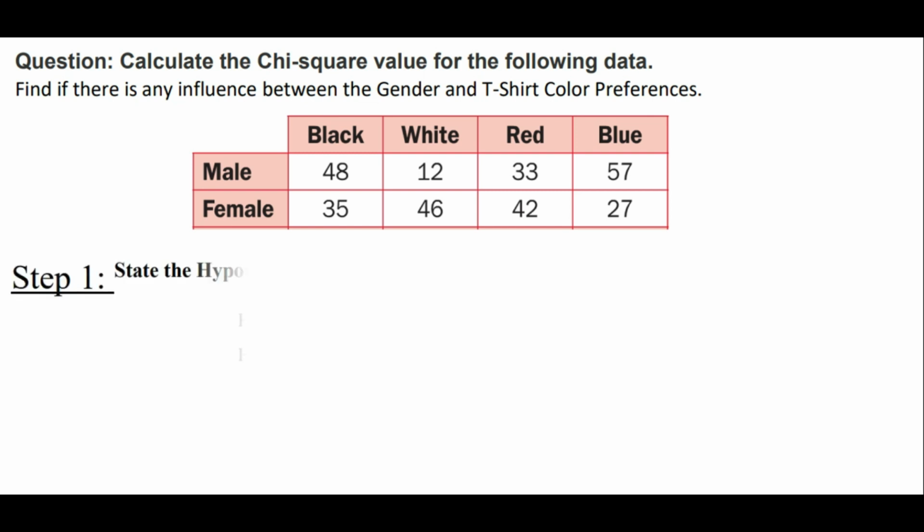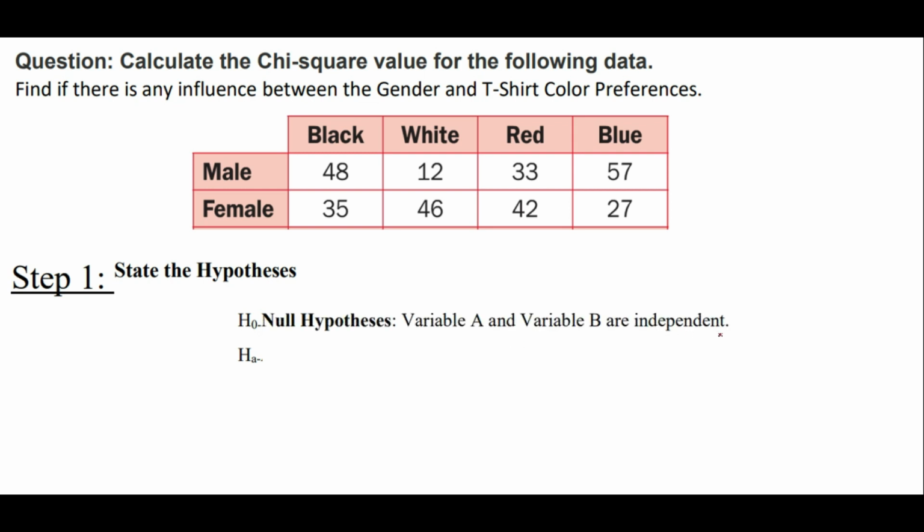I'll start with step 1, which is to state the hypothesis, and my null hypothesis is going to be: variable A and variable B are independent. So this is just a template for you to understand. Every time you have to put the variable A and variable B there.